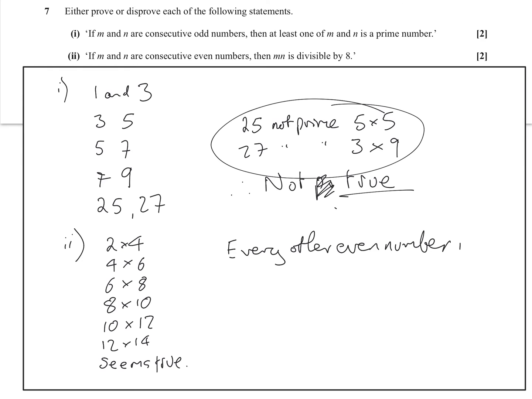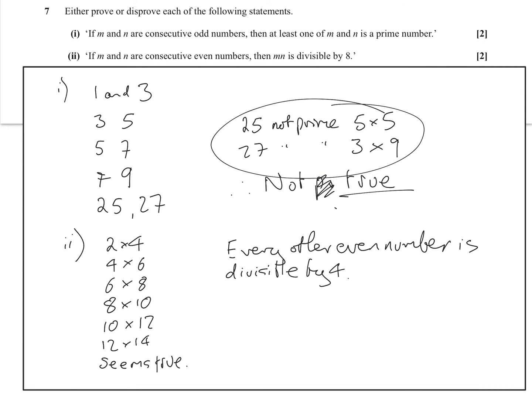Why, David? Does that make sense? Because multiples of 4 must be multiples of 2. So every other one must be a multiple of 4.